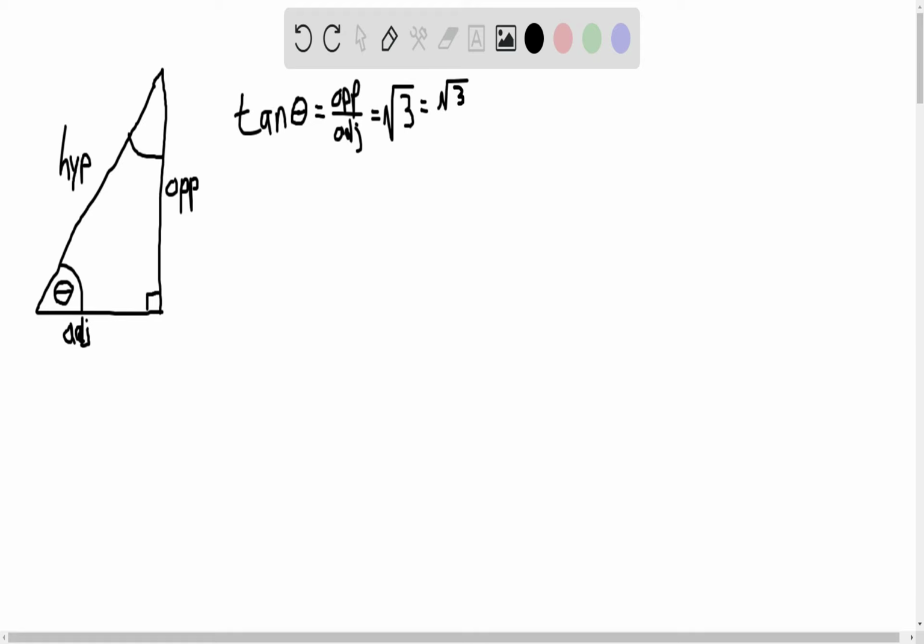Now, the square root of 3 can be written as an equivalent rational expression as the square root of 3 over 1. So we can more clearly see what numbers we can use to label our diagram. Square root of 3 is the opposite side, and 1 is the adjacent side.